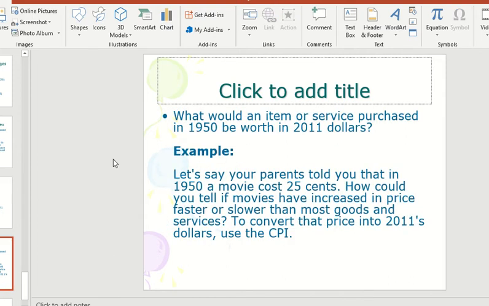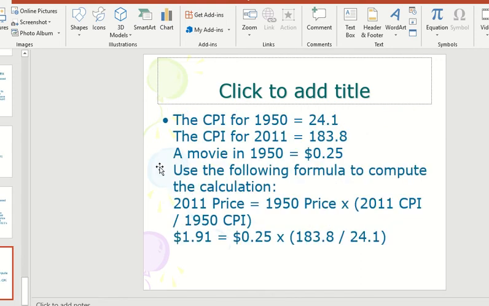So another example that we can look at is, well, let's say your parents told you that in 1950 a movie cost 25 cents. How could you tell if movies have increased in price faster or slower than most goods and services? To convert the price into 2011 dollars, let's use the CPI. So here is what we are given: once again the CPI for 1950 and the CPI for 2011.